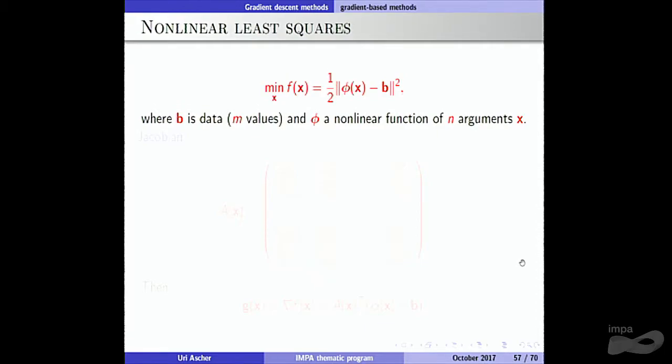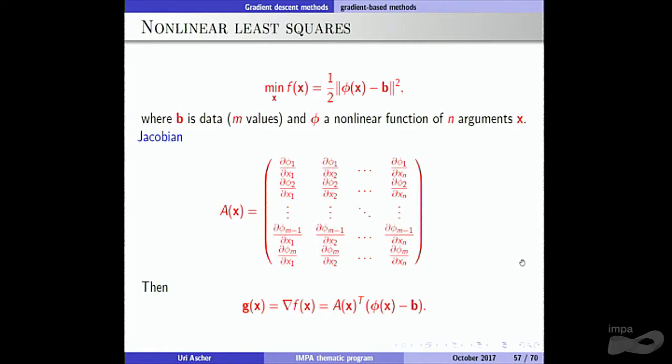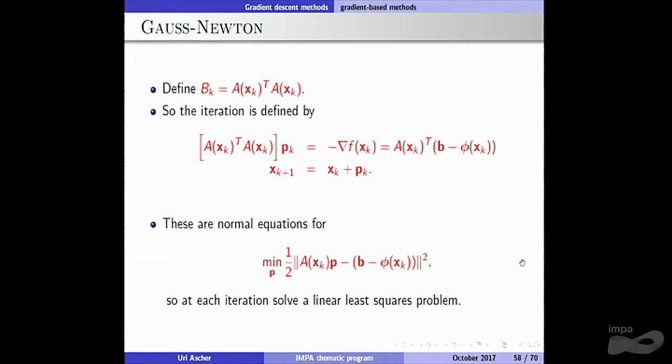Gauss-Newton, I will talk about it again. The quintessential problem nowadays is data fitting. Here is a nonlinear data fitting. You calculate the Jacobian of the function phi that arrives here, and so this is the gradient, okay? And then Gauss-Newton says, instead of Newton's full Hessian, just look at A transpose A here.